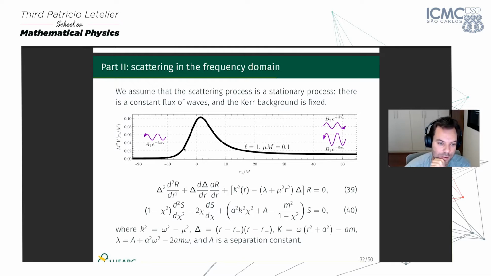We don't have any outgoing modes, and so this translates into this picture here where we only have the ingoing wave characterized by this amplitude A_I. And here this is the picture for the Schwarzschild case, where we don't have background rotation, so we don't have a spinning black hole. Otherwise, we'll see that it's slightly different.